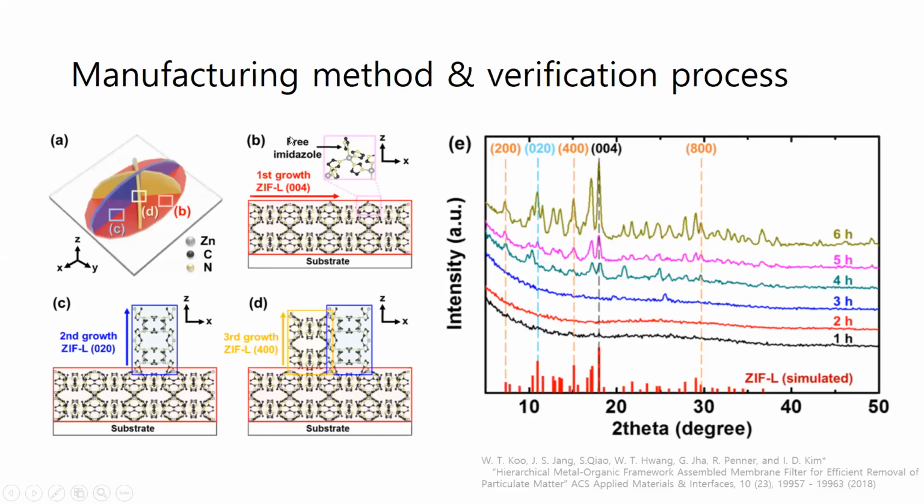And they had a verification process too. This is X-ray scattering on the filter. The x-axis is theta, an angle around the filter, and the y-axis is scattering intensity.